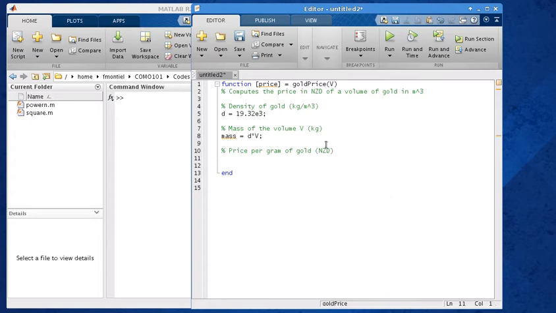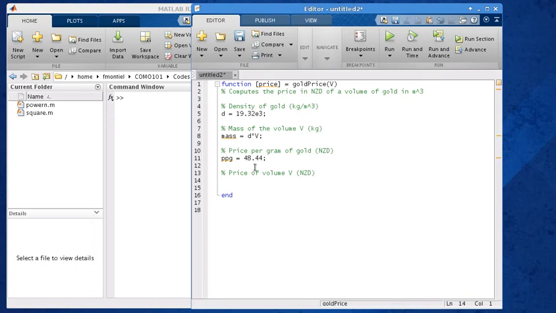PPG, which stands for price per gram, is given as $48.44. This is just some value found online. Now that we have the price per gram and the mass of the volume, we should be able to figure out the price of the volume, which is of course also going to be in New Zealand dollars.